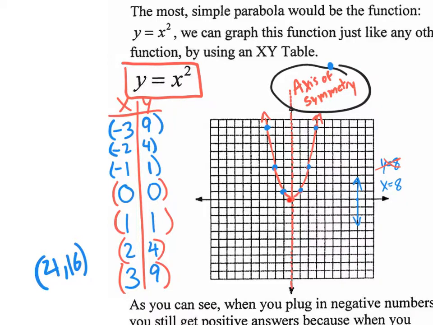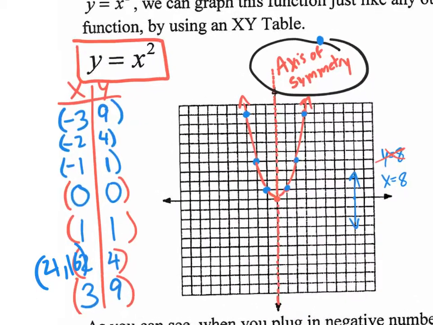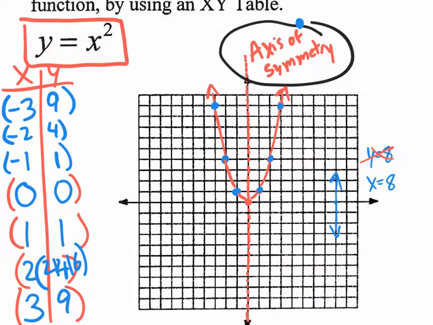Okay. So how about this? For my input 10, let me show you a little bit more zoomed in. For my input 10, what would my output be? Obviously, it'd be way up here off the page. But what would my output be for my input 10? 100, right? Plug in 10 right here, and 10 squared is 100. So this parabola really does continue.